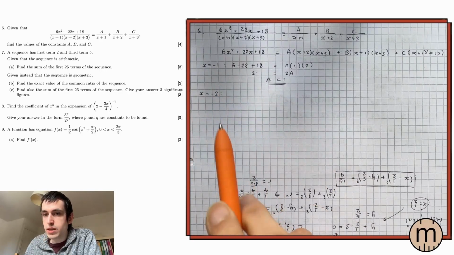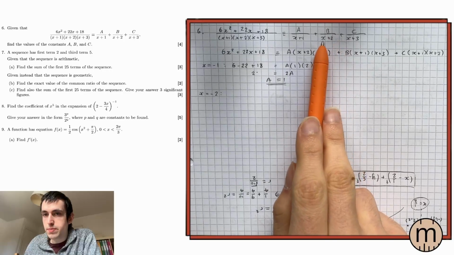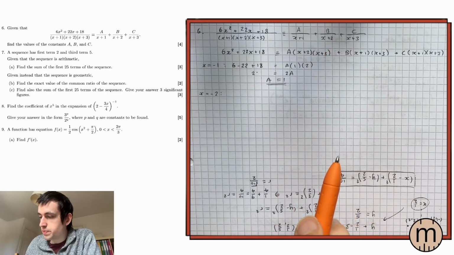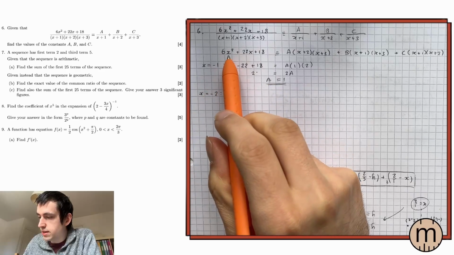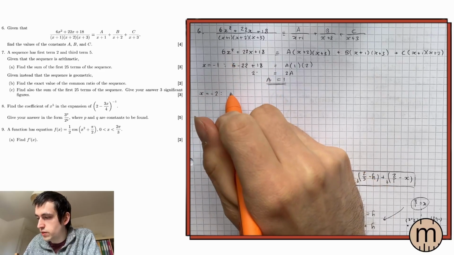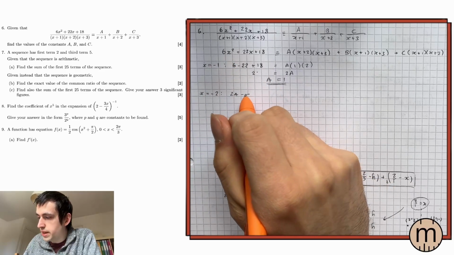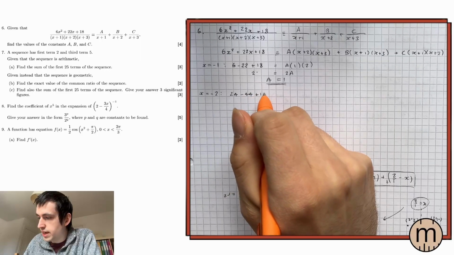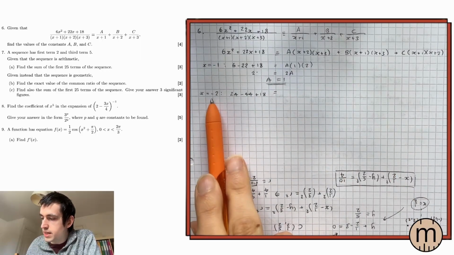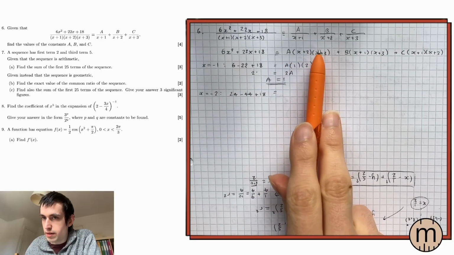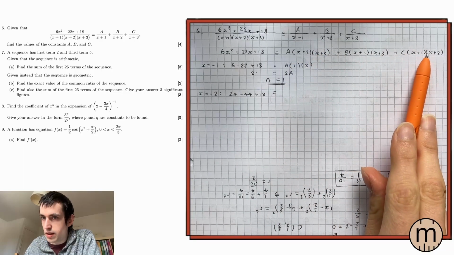Next, I'm going to choose x equals minus 2 because that's when this denominator will be equal to 0. And then we substitute it in. So we're going to have 6 lots of minus 2 squared, so 24. We're going to minus 44, and then we're going to add on 18. When x is minus 2, that's going to disappear. When x is minus 2, that's going to disappear.